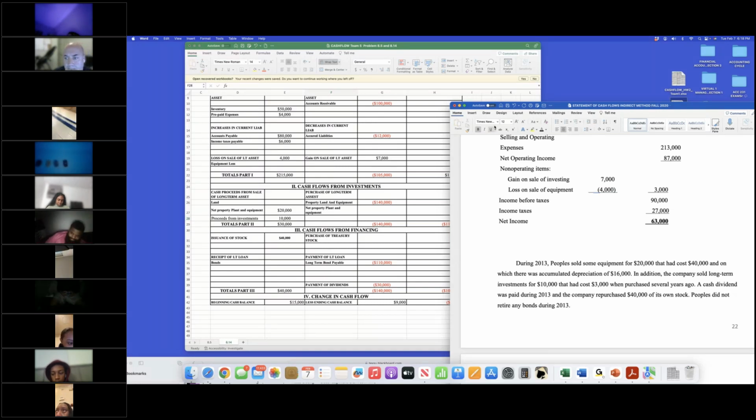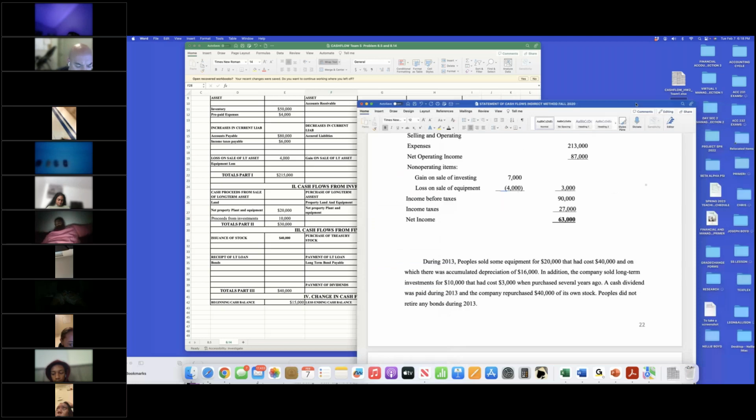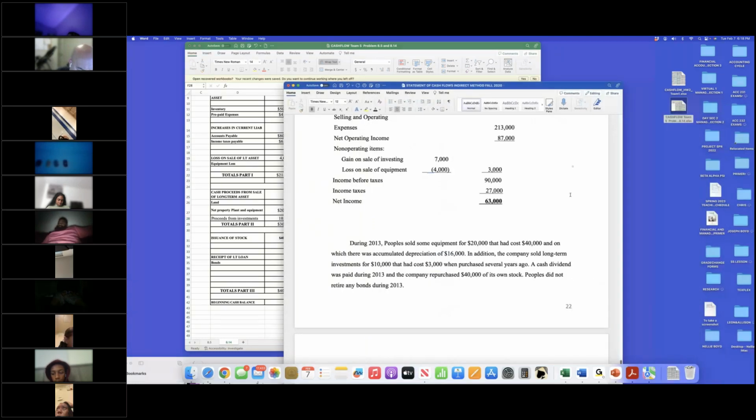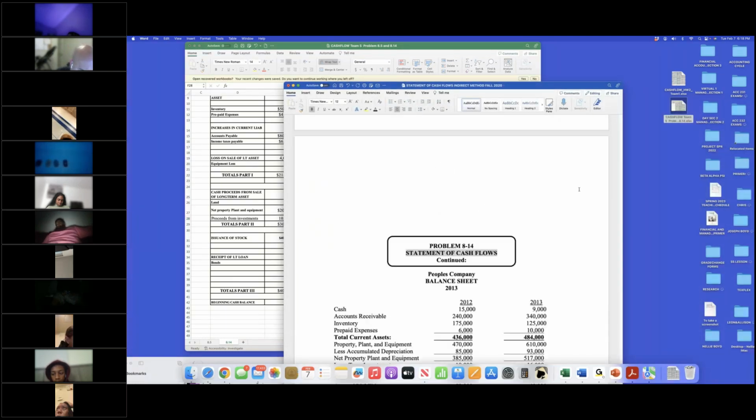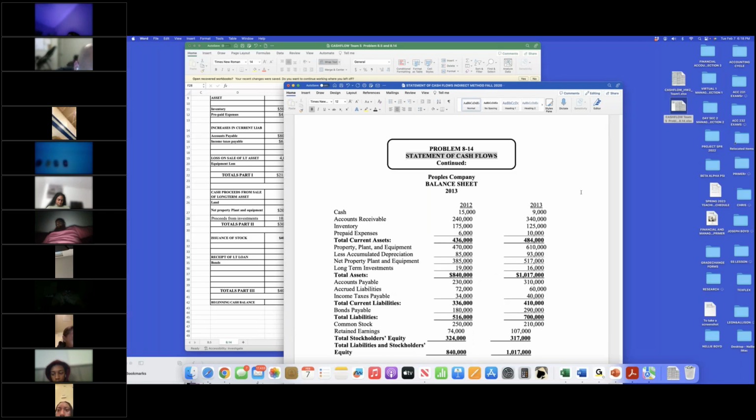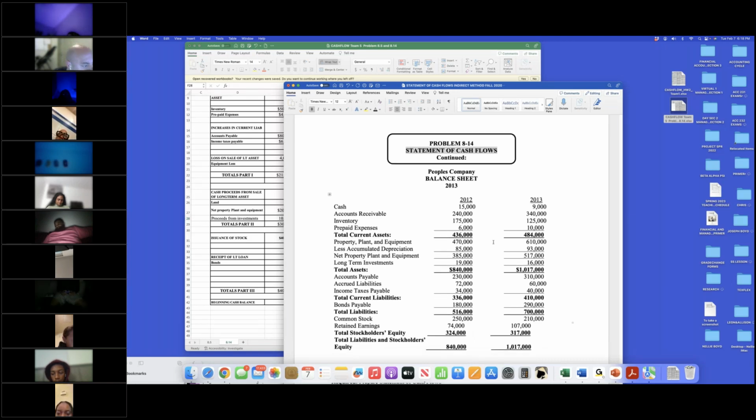Now, how much equipment did we buy? Let's see, what happened to the equipment? The other should be pretty straightforward. Property, plant, and equipment went from 470 to 610. So how much did they buy? $140,000.